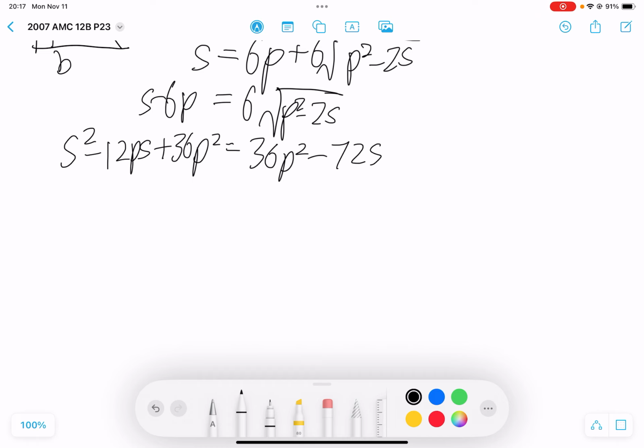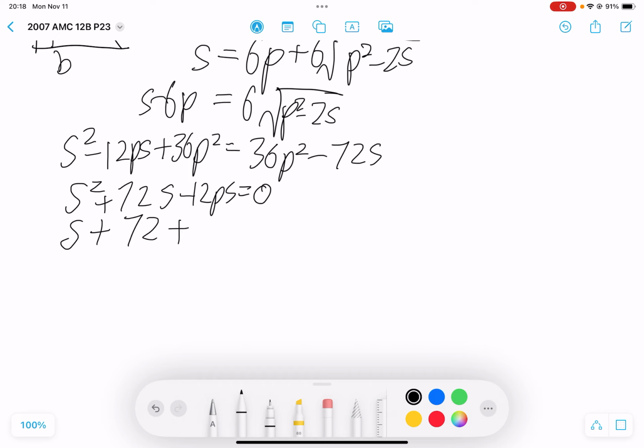So the 36p squareds cancel out, and we have s squared minus s squared plus 72s minus 12ps is 0. So how do we move on? Firstly, notice we can divide all of these terms by s, because we don't want this quadratic term here. So now we have s plus 72 minus 12p equals 0.